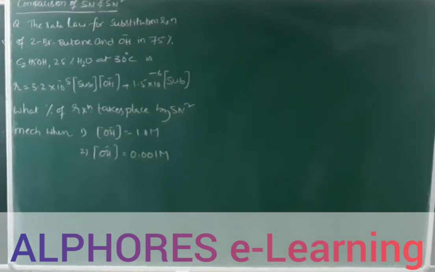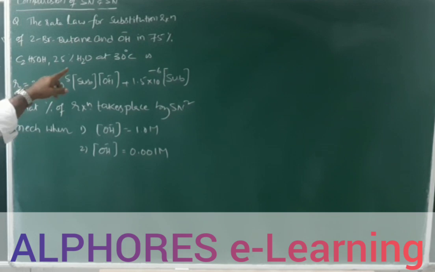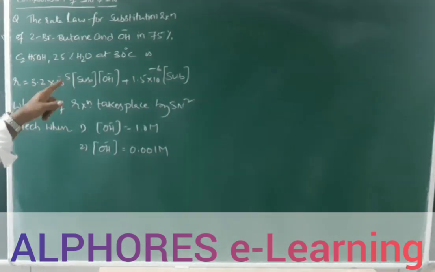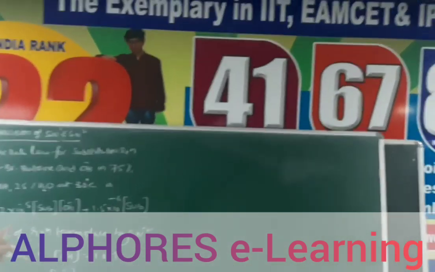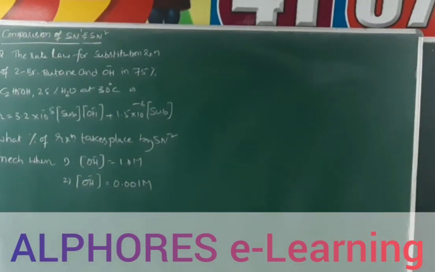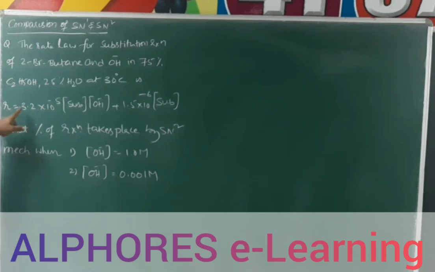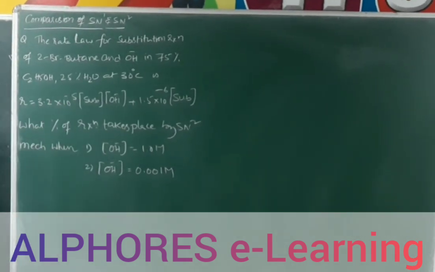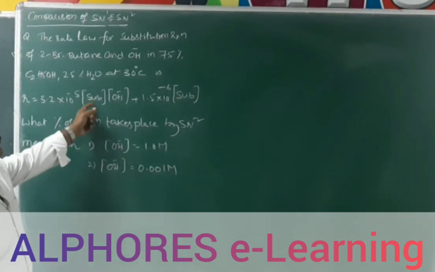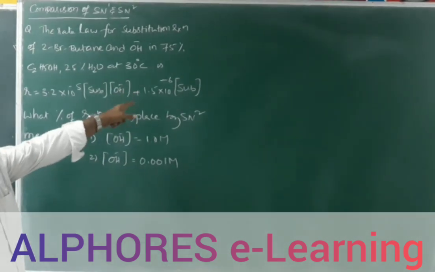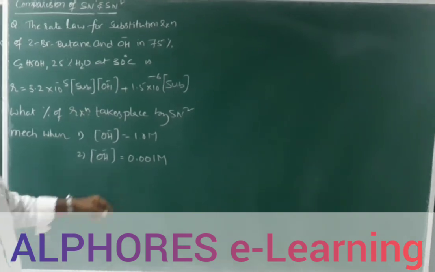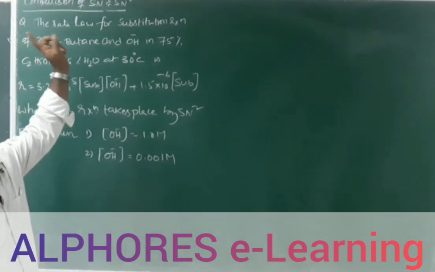The rate law for the substitution reaction of 2-bromobutane and OH minus in 75% ethyl alcohol, 25% water at 30 degrees Celsius is given as rate = 3.2 × 10^-5 [2-bromobutane][OH minus] + 1.5 × 10^-6 [2-bromobutane].